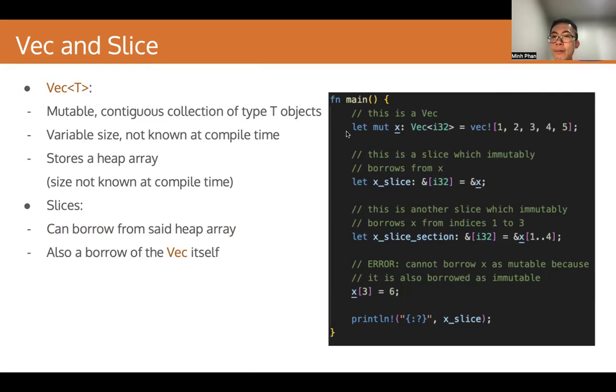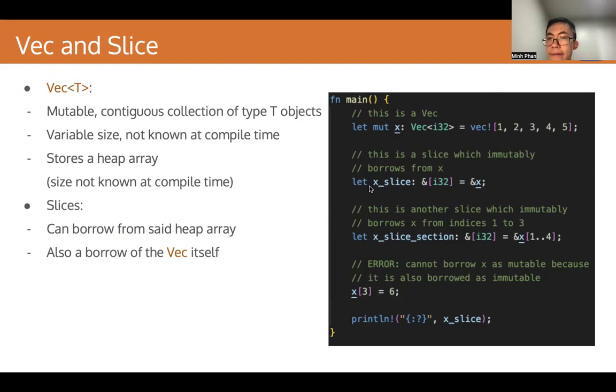And this is an example. We have a variable x that is a vector of i32s containing the values 1, 2, 3, 4, 5. This Vec internally also stores a heap array containing values 1, 2, 3, 4, 5, of course, on the heap.